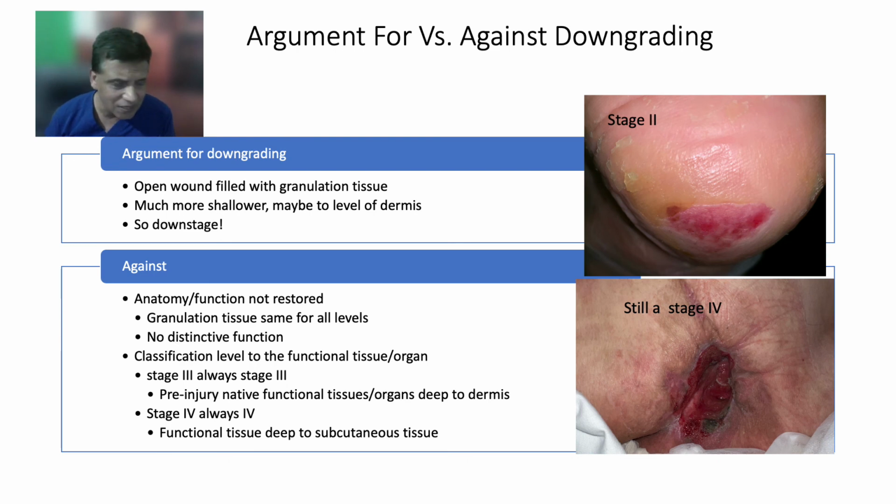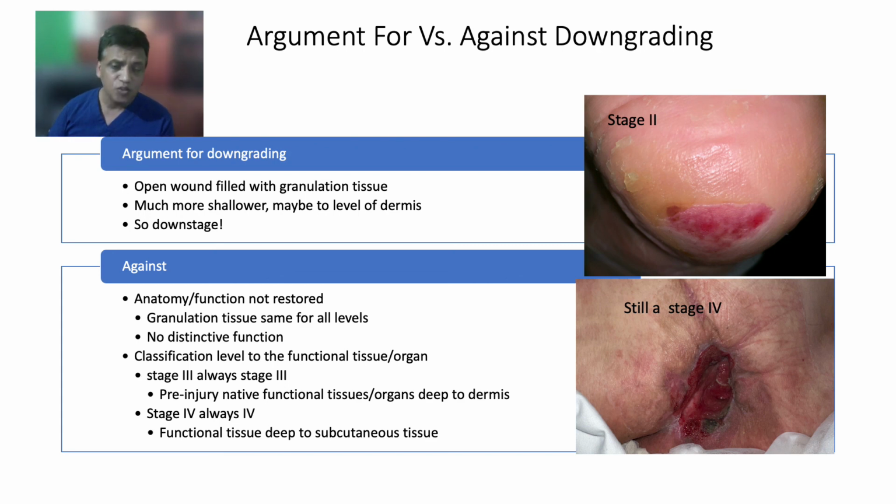We've replaced previous tissues with distinctive function. The dermis has its own function, the subcutaneous layer has its own function, the muscle has its own function. We replaced all these tissues with a single layer of near homogeneous granulation tissue, which is visible in a healed wound as a scar tissue. So we haven't regenerated those tissues.